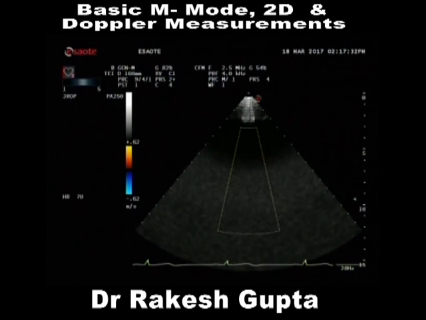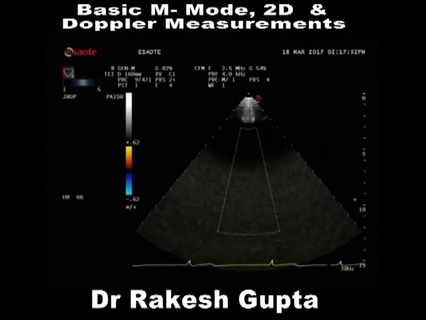It means the velocity of blood towards the transducer increases as it changes from this to this side. From here the velocity is 0, here the velocity is 62. Suppose I see only red color over here, it means the velocity is almost 20-30. If I see a yellow color, the velocity is 60. And after 62, what will happen to the color?